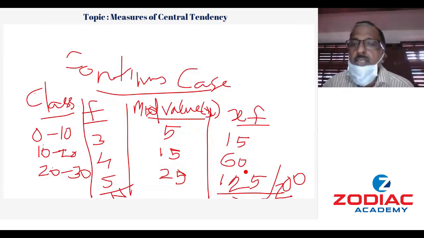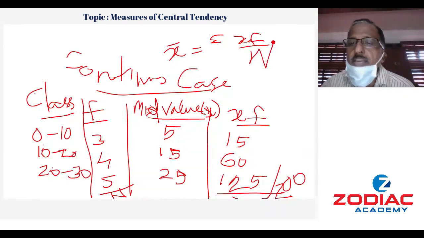Therefore, x bar is equal to sigma xf by N. Here also the formula is the same as in the second case.